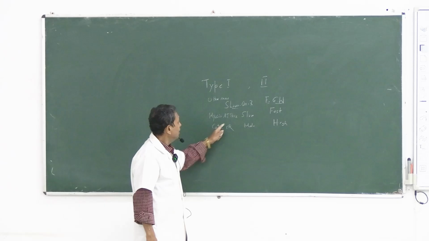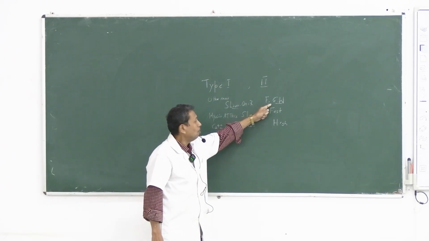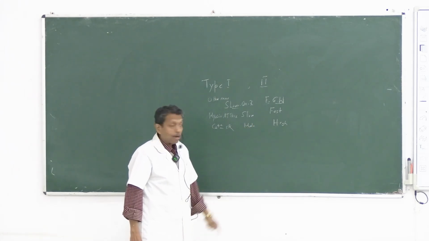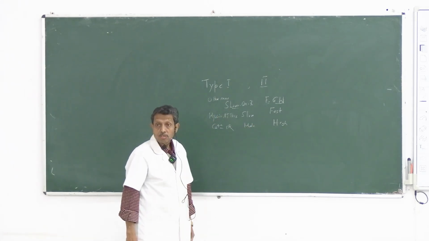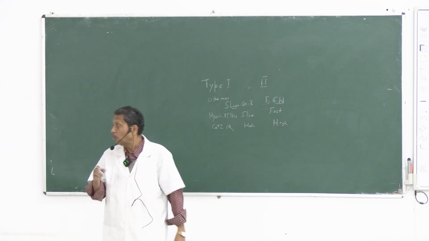In this case, the glycogen breakdown, the glycolytic process, is high, and in the other case the oxidative process. In the glycolytic process, there is liberation of energy quickly.